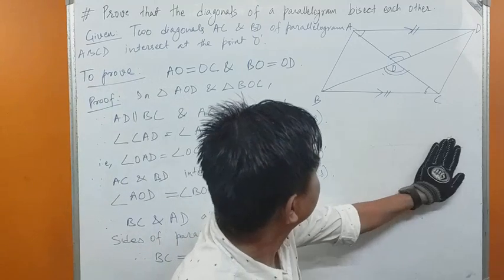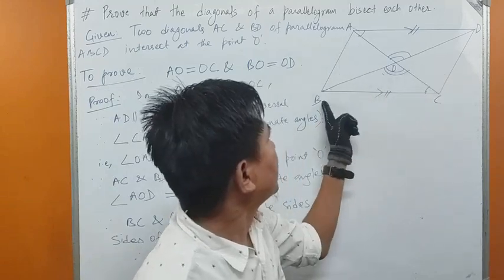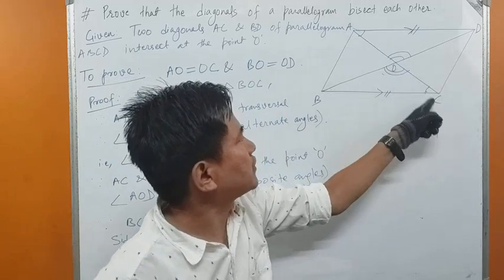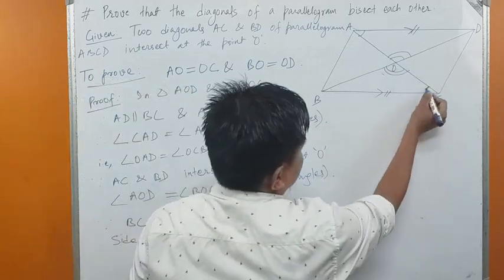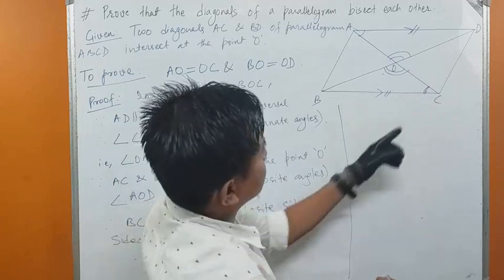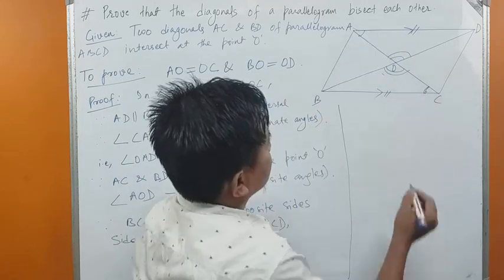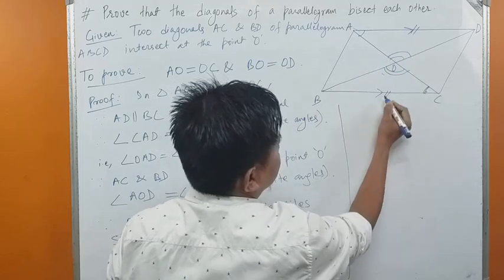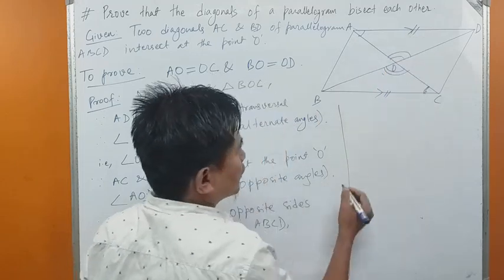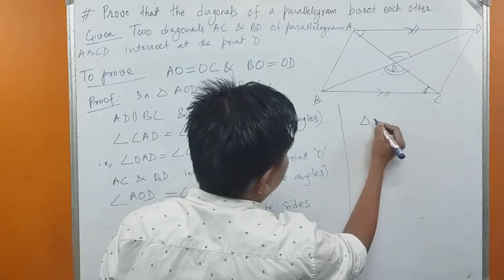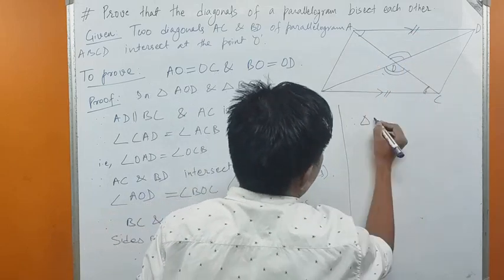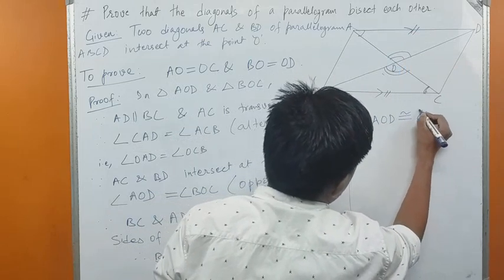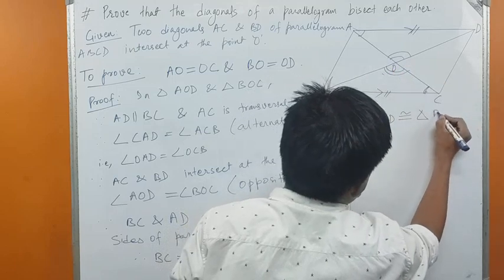Now in triangle AOD and BOC, we saw this angle equal to this angle, this angle is equal to this angle, and this side equals this side. Therefore you can say triangle AOD is congruent to triangle BOC, isn't it?